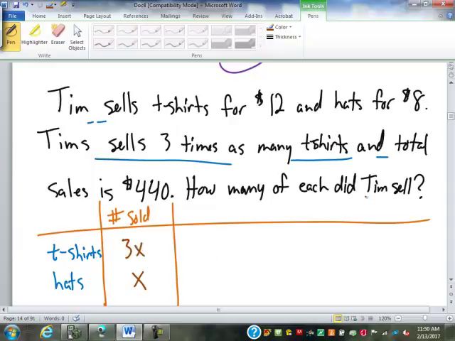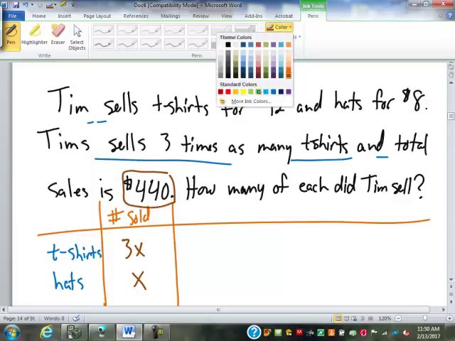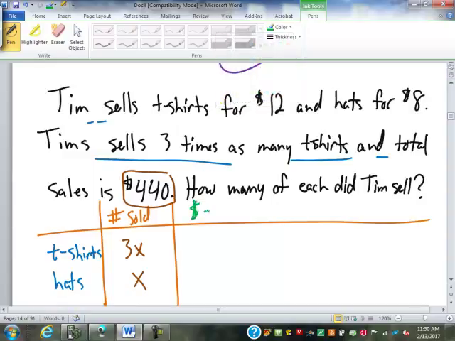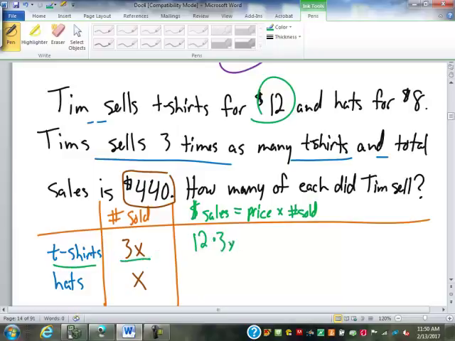But now again, we're not given the total number sold, we're given the total dollars of sales. So we need to find the dollar amount of sales. Well, the dollar amount of sales is going to be price times the number sold. So for T-shirts, the price is $12 each times 3x were sold.